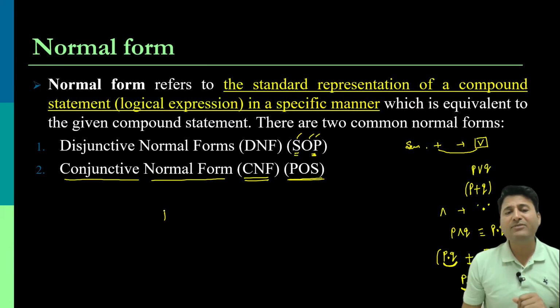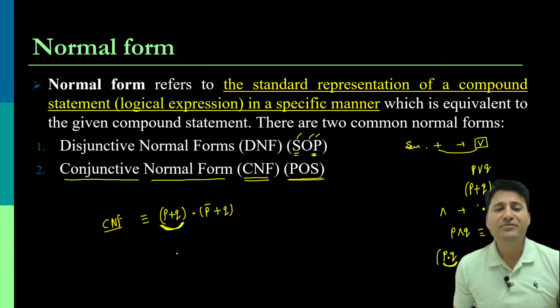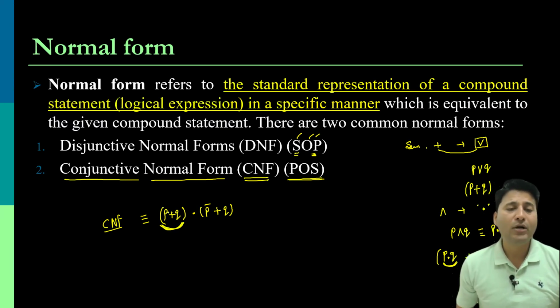So one of the sums is P plus Q. And one more sum I can write as P complement plus Q. And if I take the product of these two, this is one CNF, where every term is a sum, an OR connective, and combined together all of them are connected by AND.